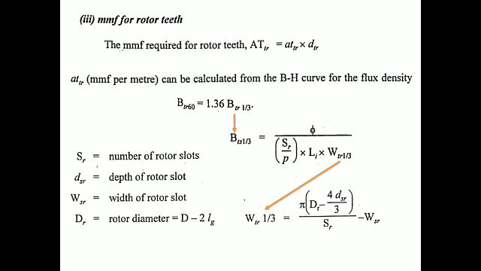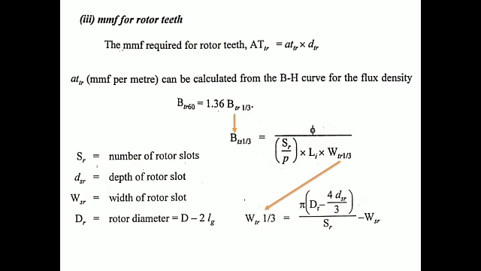So Btr 1 by third value is defined by phi divided by Sr by P into Li into Wtr of 1 by 3. Again Wtr of 1 by 3 is calculated by a separate equation, which is pi of dr minus 4 Dsr divided by 3, whole divided by Sr, then minus Wsr. This expression is taken as a constant, so no need to derive all this. Consider these equations one by one to find the MMF value of the rotor teeth.